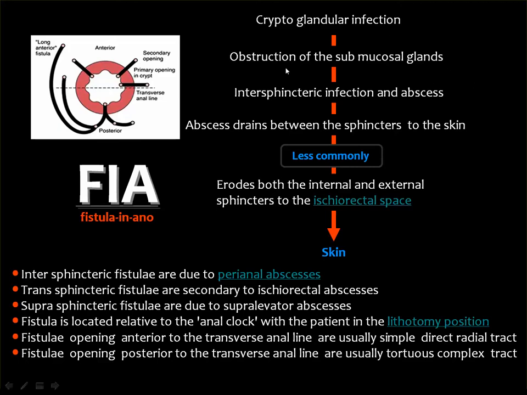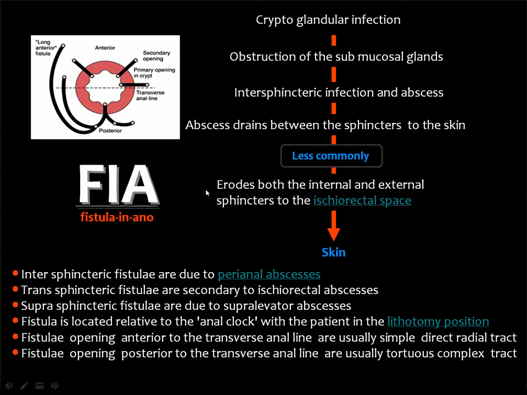This will result in obstruction of this gland, and it accumulates secretions which then result in an abscess. And this abscess may drain between the sphincters to the skin, and this is known as intersphincteric fistula.